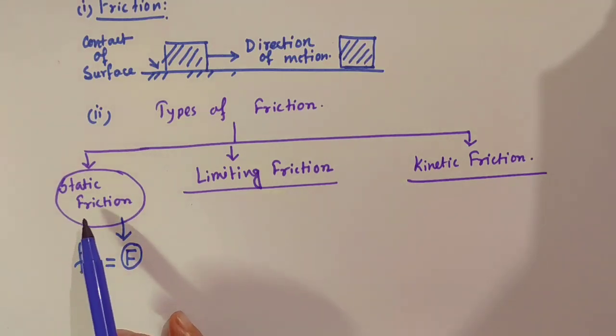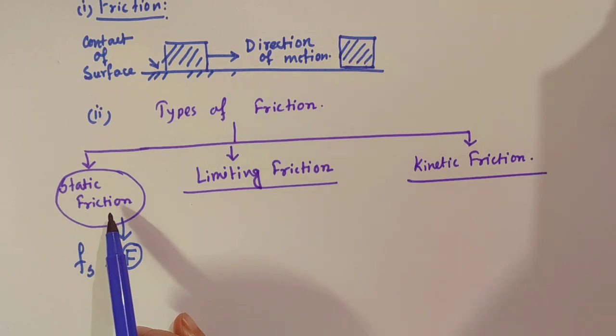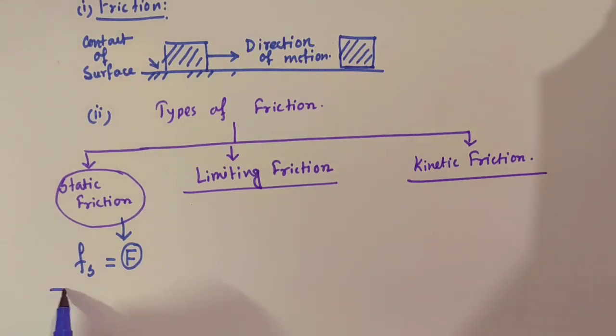And one more thing about static friction is, it is a self-adjusting force and is always equal and opposite to the applied force. So these terms we have to know for static friction.